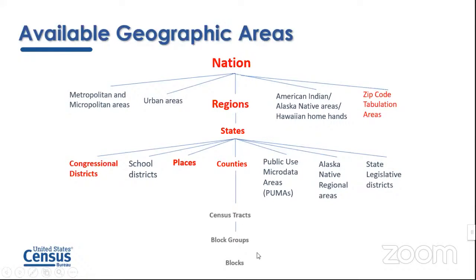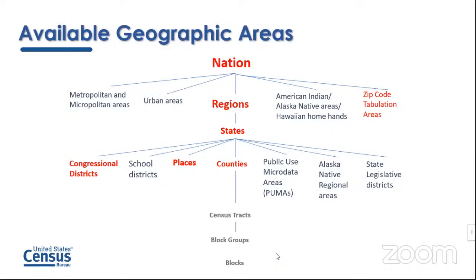And with decennial data, you can go down to the block level. Excuse me. With ACS, we cannot go to the block level. We have to go down to the block group level because if we go further, we risk disclosing who our participants are, who our respondents are.